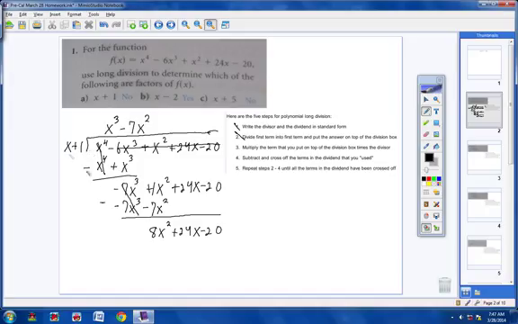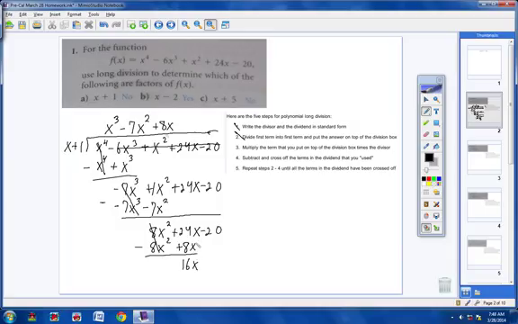And now we divide first term into first term. X goes into 8x squared, 8x times. 8x times x is 8x squared. 8x times 1 is 8x. We're going to subtract. 8 minus 8, those cancel. 24 minus 8 would be 16x.